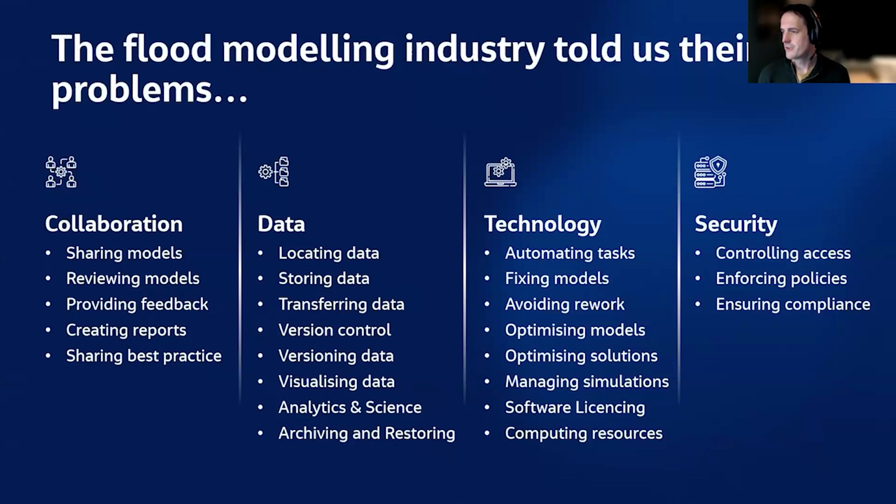So it's really hard to make use of these new tools. And those tools, such as automating tasks, making sure the models are built right the first time, so avoiding rework, optimizing our models, so calibrating and verifying our models, are all key tools which we want to bring to bear and make easier to use.